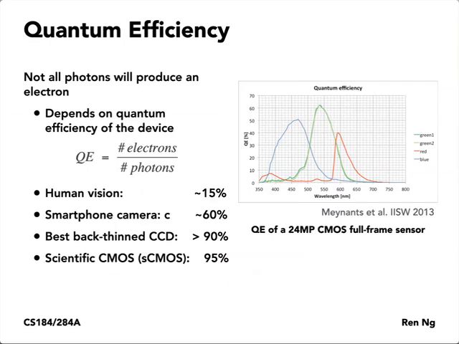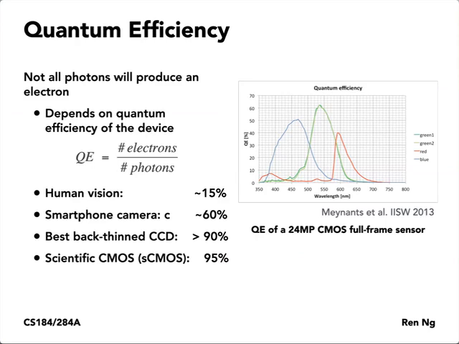A key figure of merit for devices is quantum efficiency. Quantum efficiency will depend on the device and how it inherently performs in all of its materials, and the size of the transistors, and how much light is funneled effectively into the photodiode and how much of that is captured and kept free from noise sources and things like that.